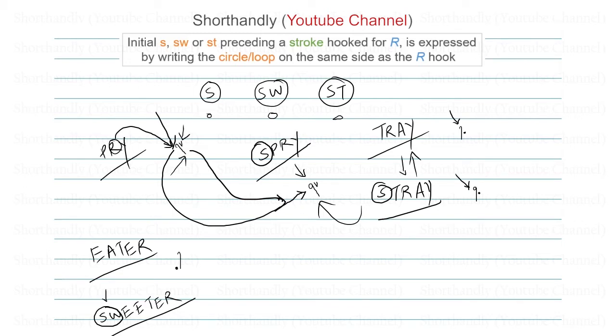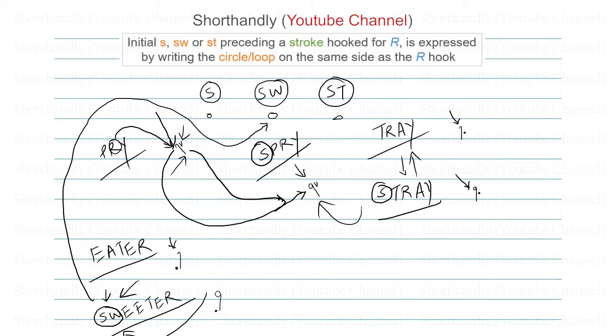So we have the sound of SW here. We'll just convert this hook into a big circle this time, because we have the sound of SW, and SW is represented with a big circle, not a small circle. So sweeter will be written like this. This time we made the big circle to represent our SW, and this is the word sweeter.